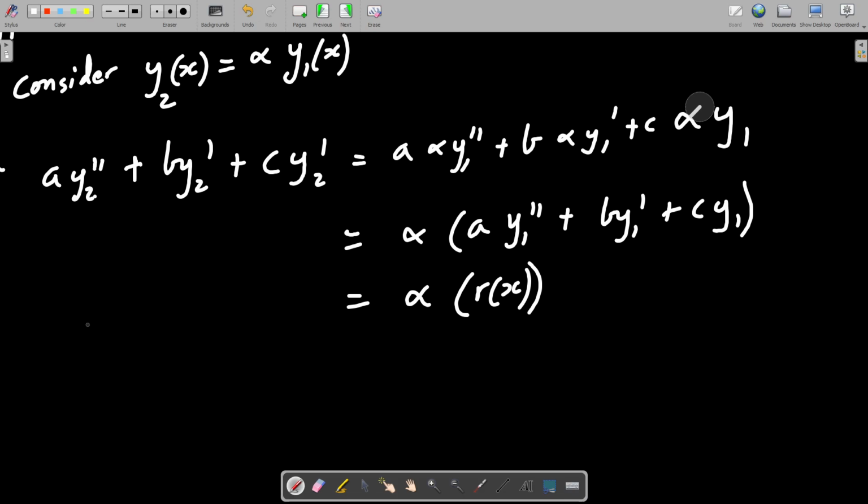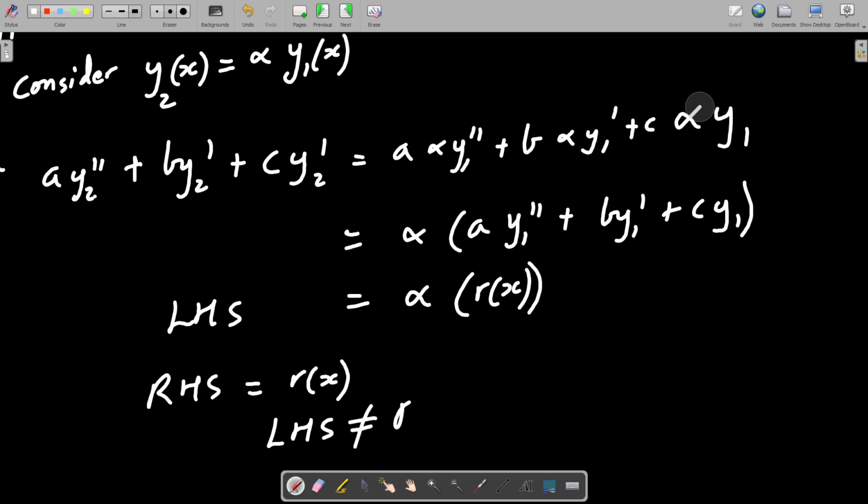So your LHS turns out to be this. Your LHS is equal to this. RHS is going to be equal to r of x only. So you see that LHS is not equal to RHS.